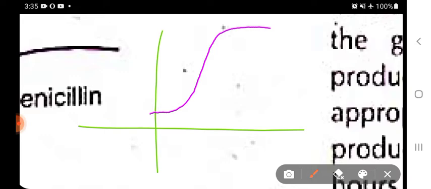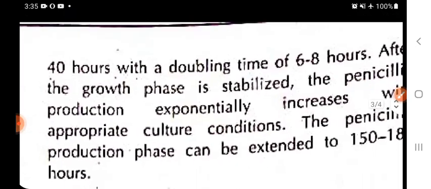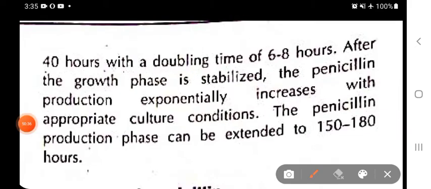Okay, and then when there is depletion of nutrients, when there is absence of nutrients, then they go for death phase. So at the stationary phase, when the Penicillium chrysogenum fungus reaches the stationary stage, then it is saying that the penicillin production occurs exponentially.